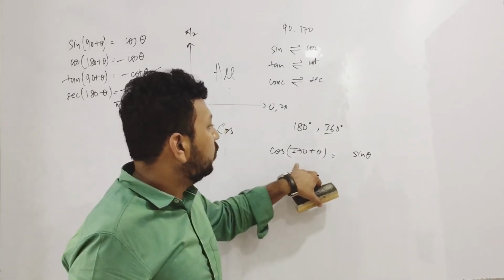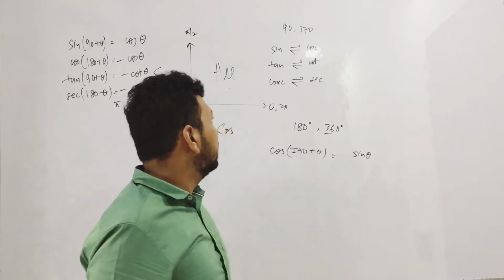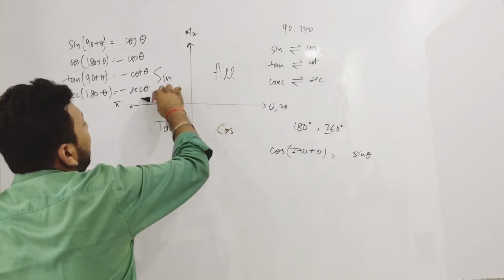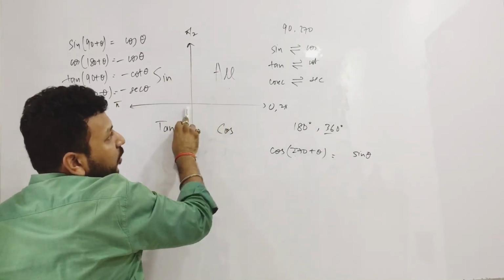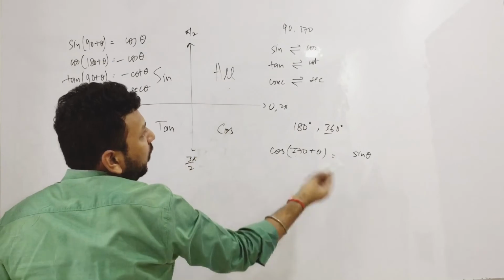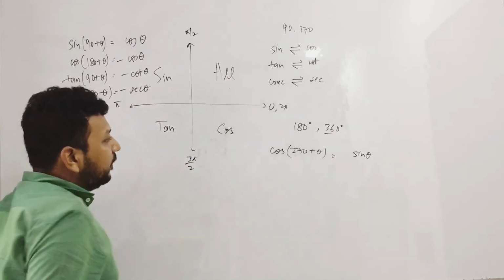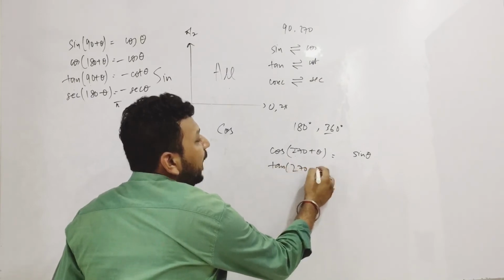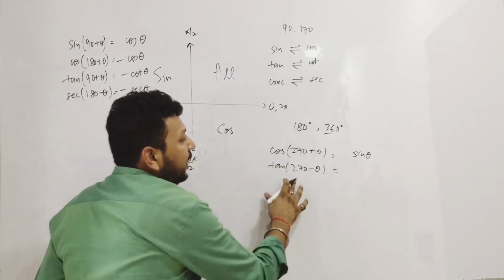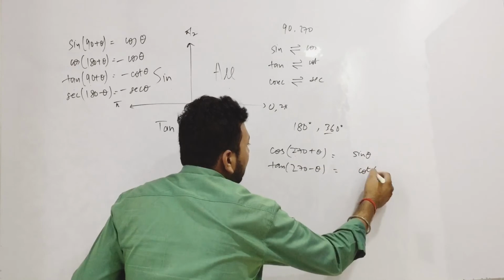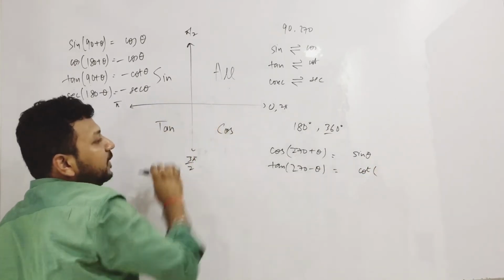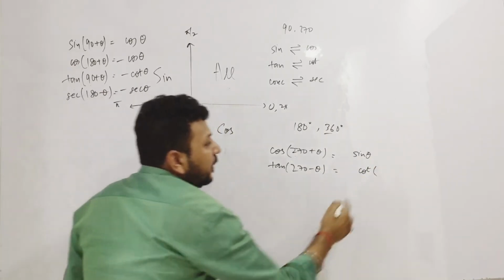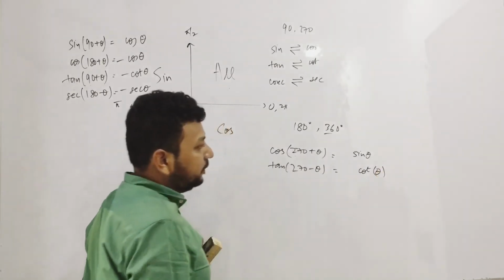So 270 plus theta gives sine theta. Okay, if I write tan of 270 minus theta, 270 means tan gets converted into cot. In 270 minus theta, tan is positive. That means positive cot theta.